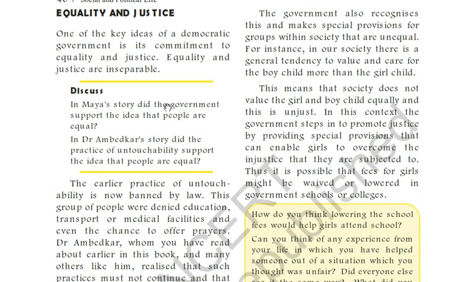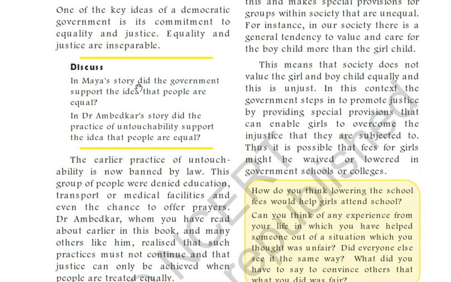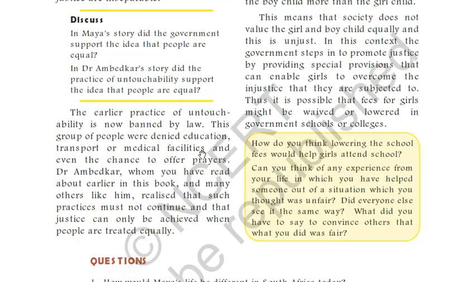One of the key ideas of democratic government is its commitment to equality and justice. Equality and justice are inseparable. Discuss in Maya's story, did the government support the idea that people are equal? In Dr. Ambedkar's story, did the practice of untouchability support the idea that people are equal? The earlier practice of untouchability is now banned by law.